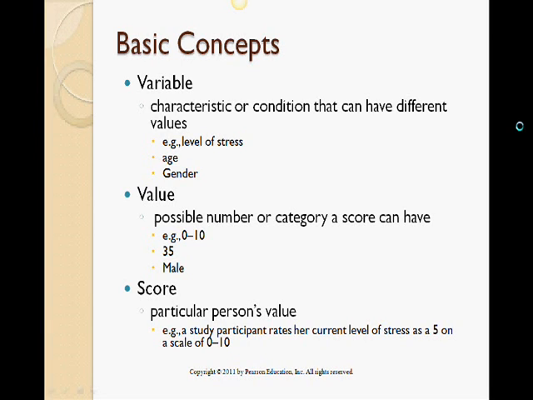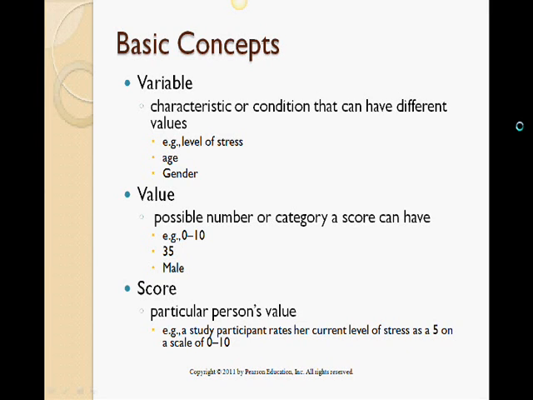Maybe we're going to use a measure that has values between 0 and 10. For age, a value would be the actual years that someone has been alive, like 35. Or gender, whether the person is male or female.